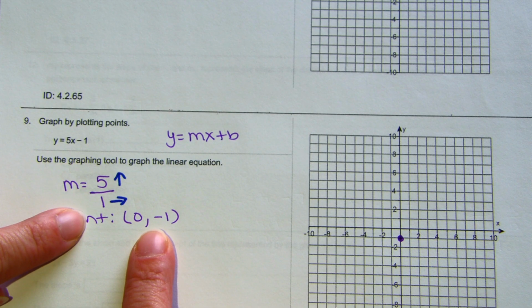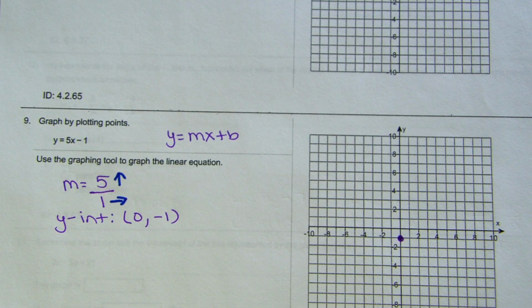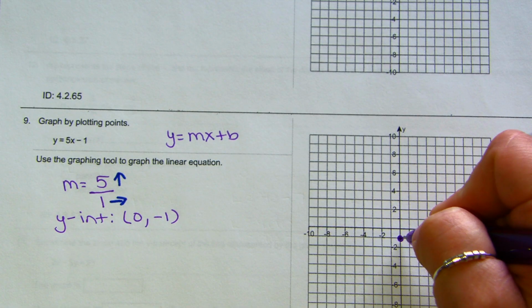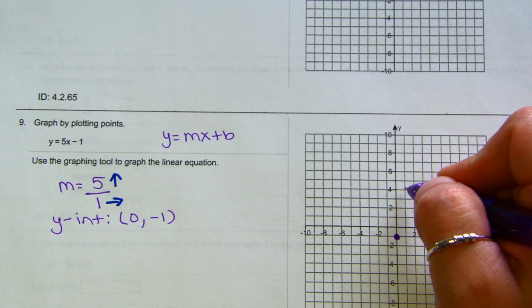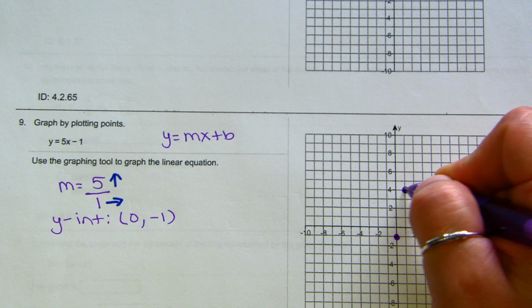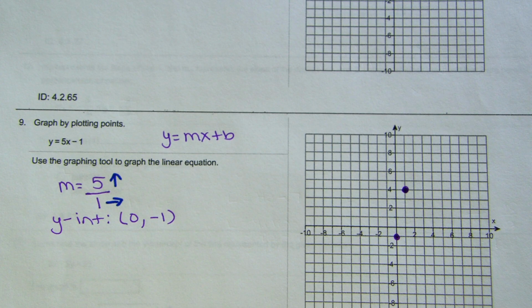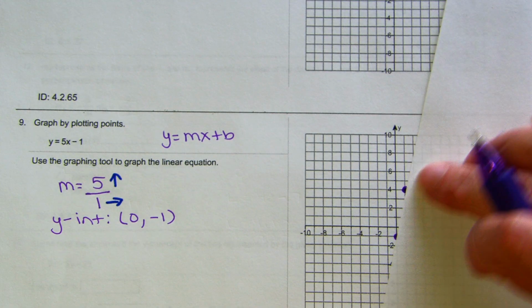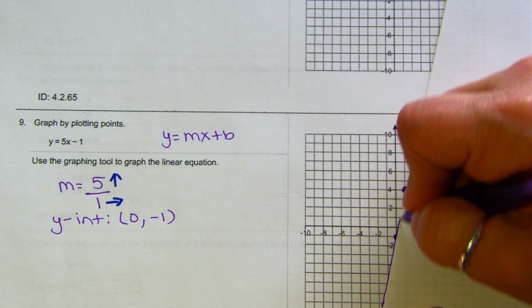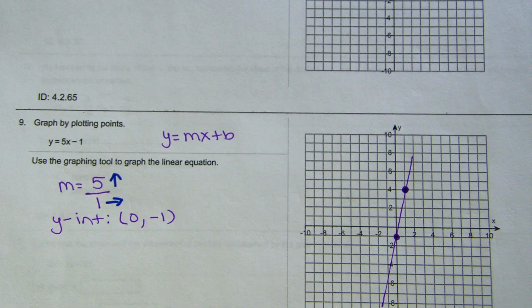And then on Pearson, I would just be drawing a line, but here I have to actually have a little bit of a ruler situation. And there's our line. All right, let's keep going.